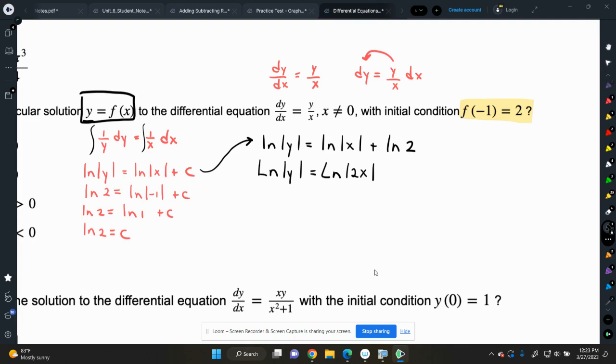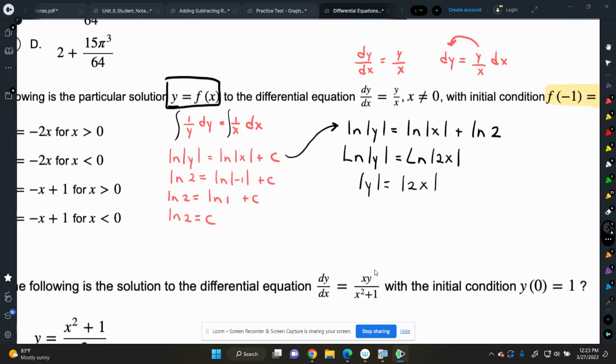So the natural log of x plus the natural log of 2 is the natural log of 2x. That's one of our properties. Okay, well, if the natural log of y is equal to the natural log of 2x, what does that mean? Y equals 2x.